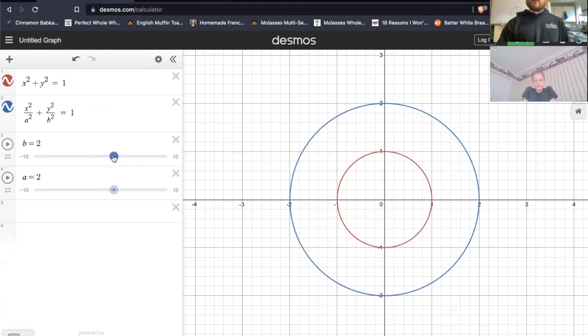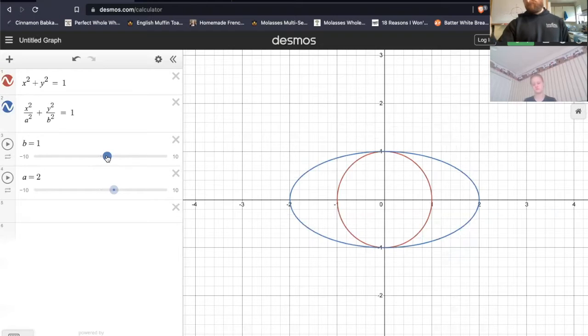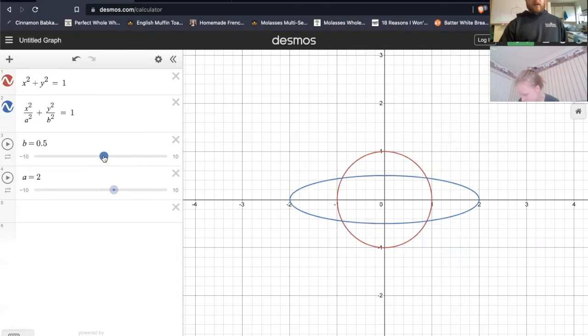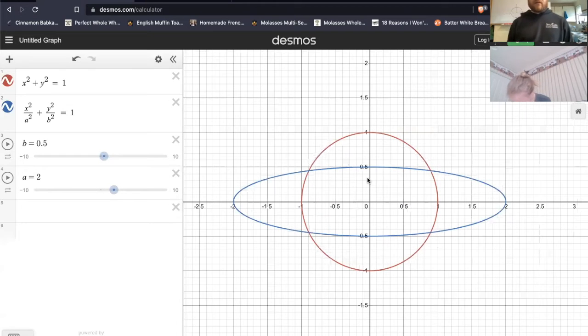But when the a squared and the b squared are not exactly the same, then we end up with this oval. We call it an ellipse. Now, check this out. I could make this guy smaller too, right? If I bring b down to 0.5, then it goes through up there at plus and minus 0.5.